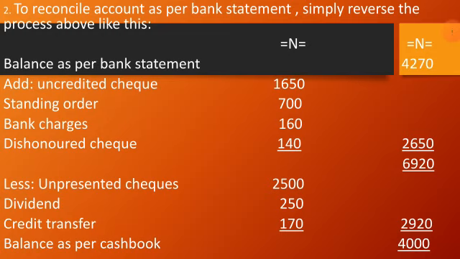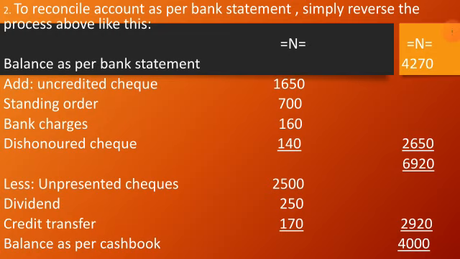Summed up, this figure gives you 2,650 added to our balance as per bank statement, which is 4,270. That gives us a subtotal of 6,920.